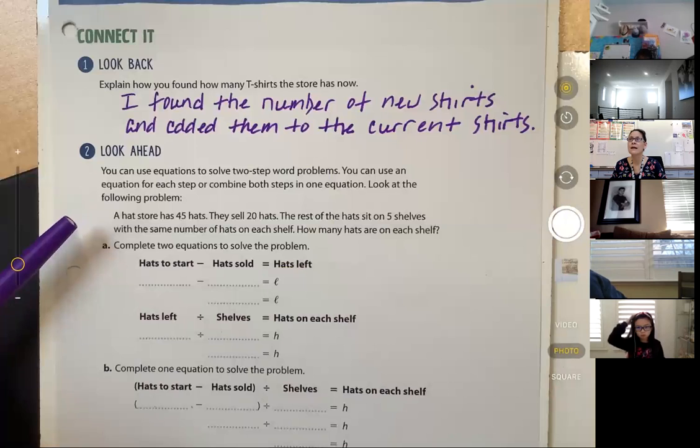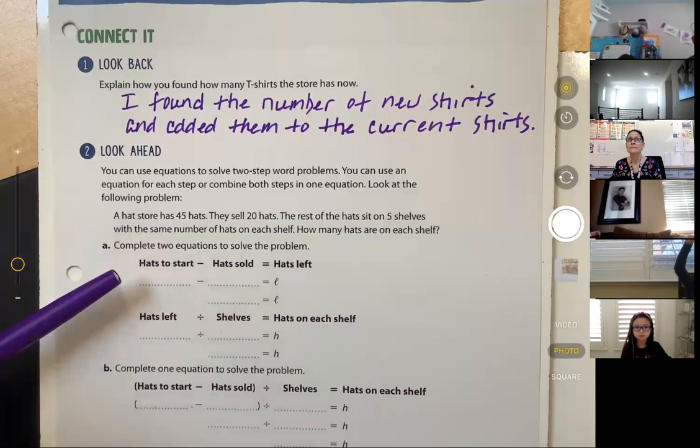How many hats are on each shelf? Lots going on in this problem, my friends. You've got to solve this in 2 steps. You need to figure out how many hats are left, and then you need to equally divide those hats onto 5 different shelves. All right?